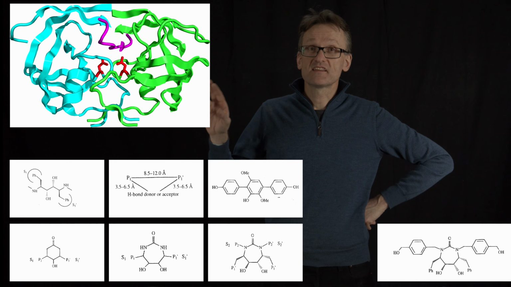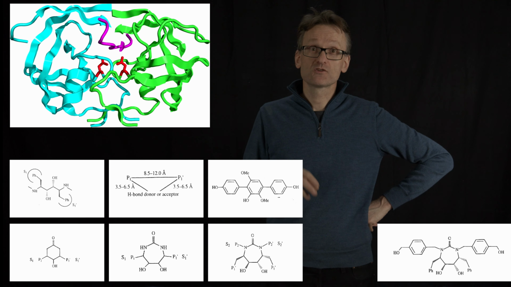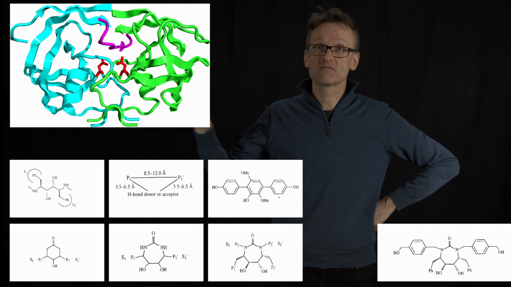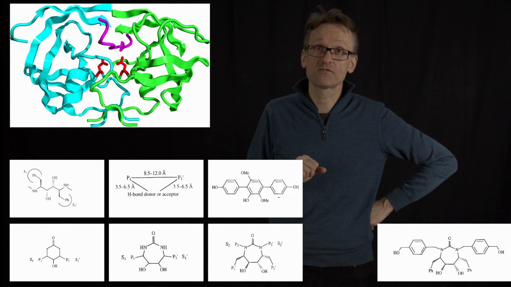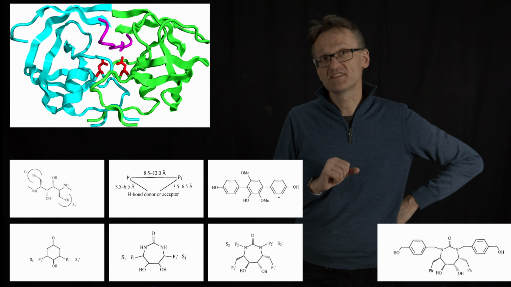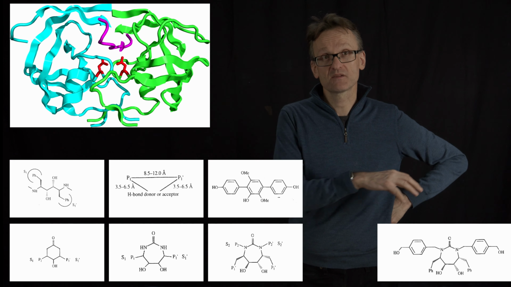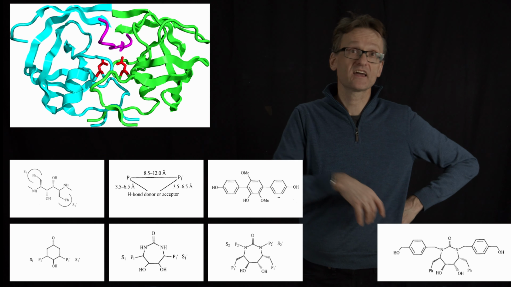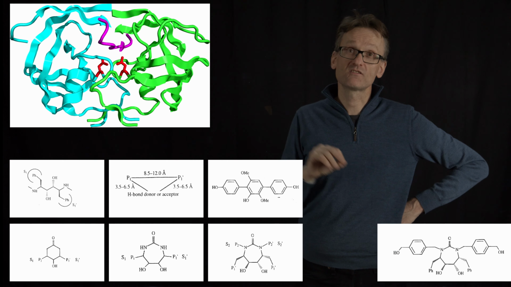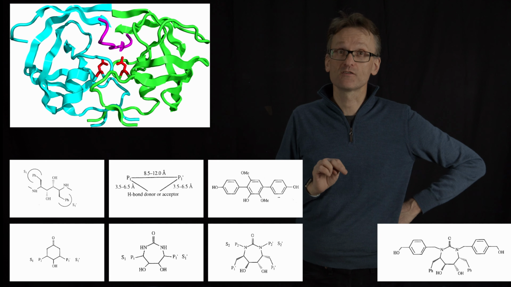The problem is that this virus is very good at mutating. So once you start adding this, you're going to create a selective pressure. If this molecule binds in the middle of the HIV-1 protease, the protease might start to change those red side chains or the purple ones there to make it more difficult for this molecule to bind. Again, purely by chance, of course, but viruses with that mutant will have an increased probability of surviving.